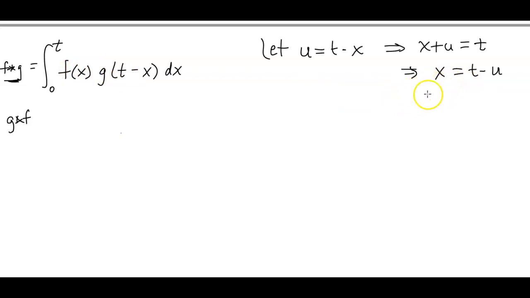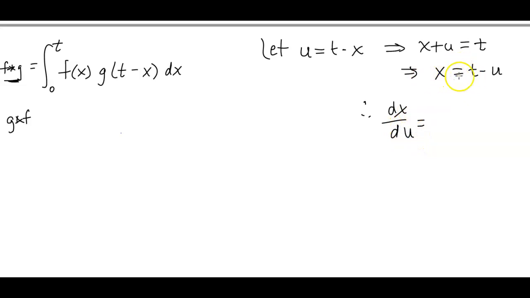So we have this situation here. Now that I have this, I know that I can do dx over du. Yep, sorry about that. That should be du, not dt.